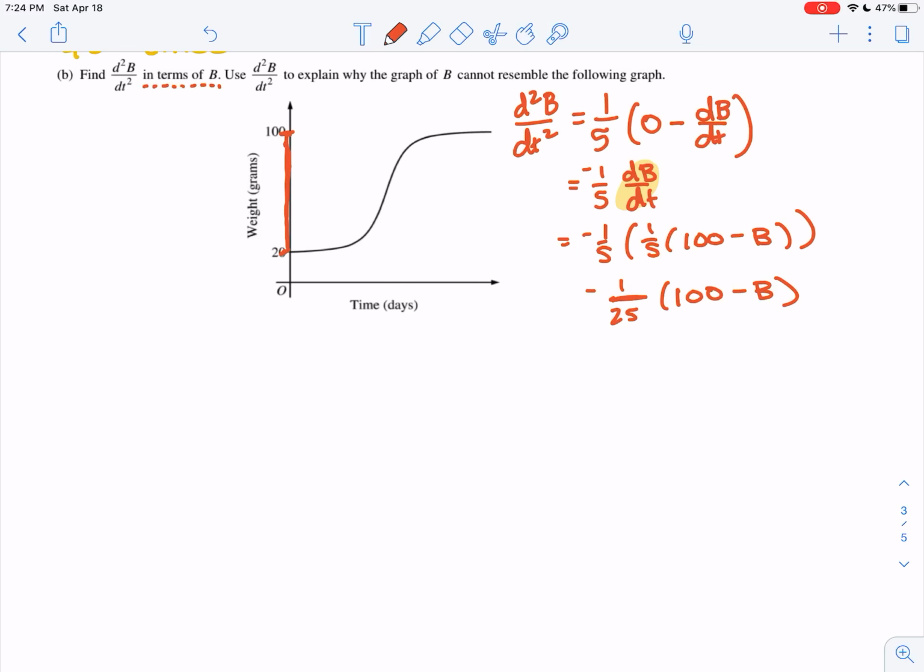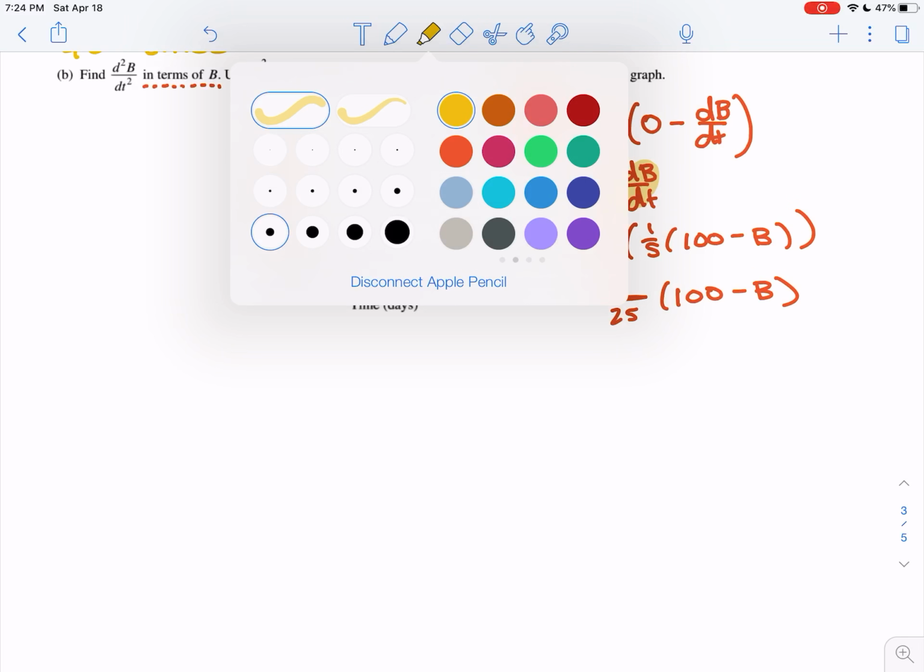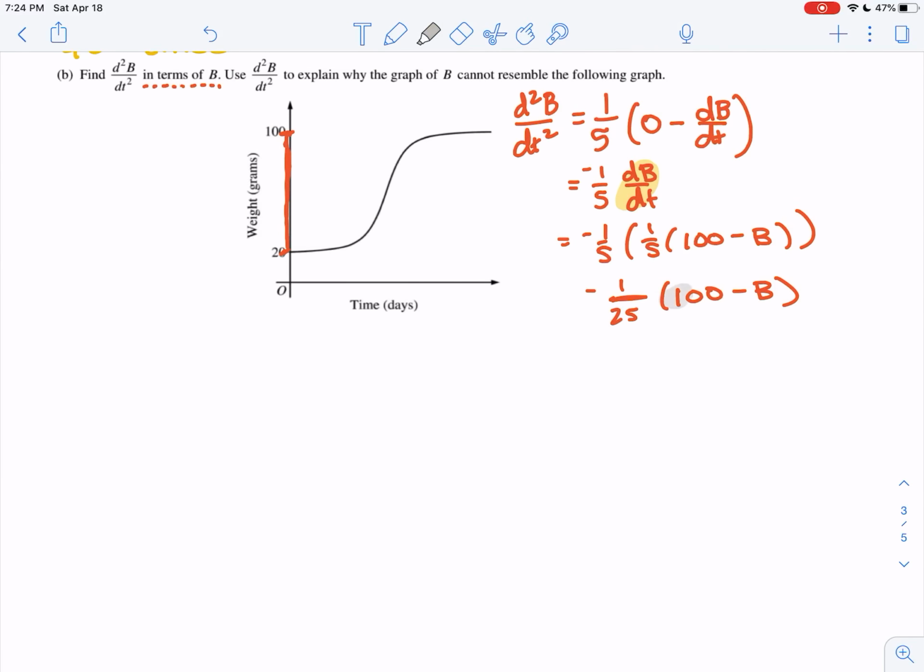So if B is going from 20 to 100, then the stuff in parentheses would always be positive, right? You've got a positive times a negative, so the second derivative is always negative, meaning the graph should always be concave down, which it's not, right? It's concave up and then concave down, okay?